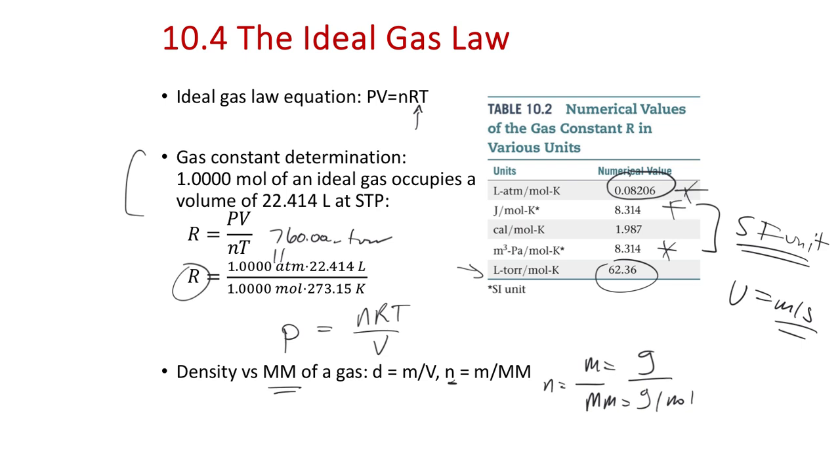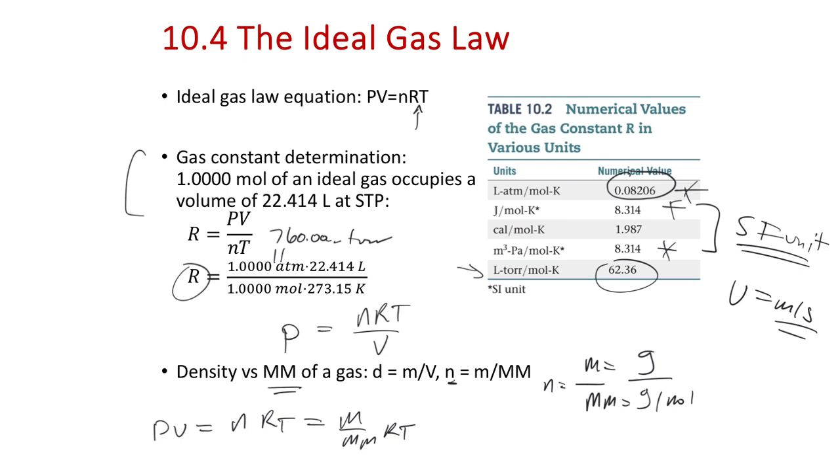And so if I'm looking at my ideal gas equation, I can take PV equals nRT and rewrite that as m over molar mass, times RT. Then I have a situation where if I know the mass of a sample, the pressure, the volume, and the temperature, I can solve for the molar mass of the gas.